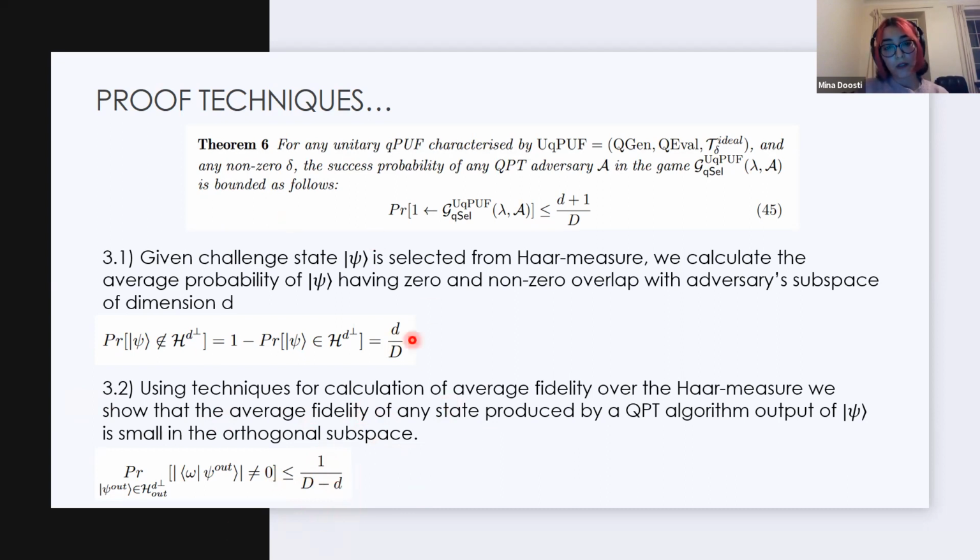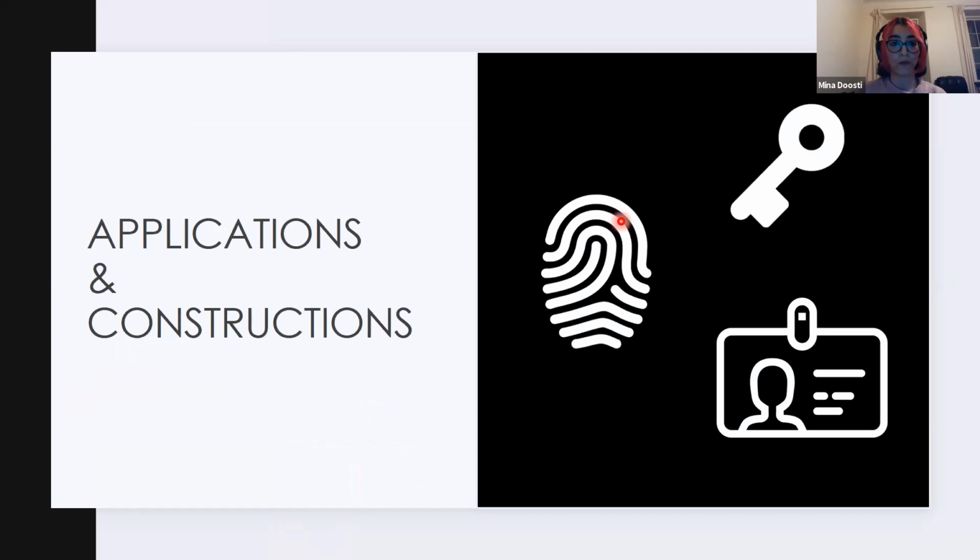Putting all these results together, we get the bound that you see here, which, as I said, is not a tight bound, but it's enough to show that you have selective security for quantum PUFs.